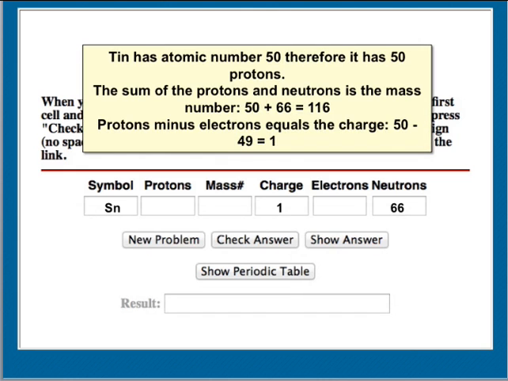So atomic number is 50, 50 protons. Mass number is going to be 50 plus 66. If we have a charge of +1, that means we have one extra proton. So how many electrons? 49.